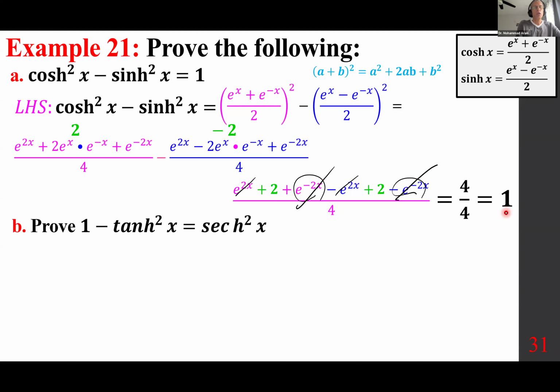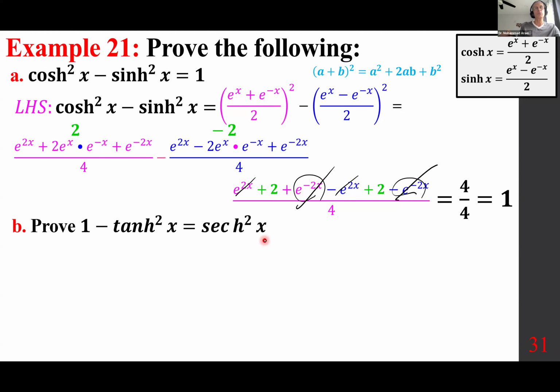We want to prove 1 minus hyperbolic tangent squared x is hyperbolic secant squared x. If you recall, in the case of the trigonometric functions and Pythagorean identities, we had 3 of them. The first one was sine squared plus cosine squared equals 1.